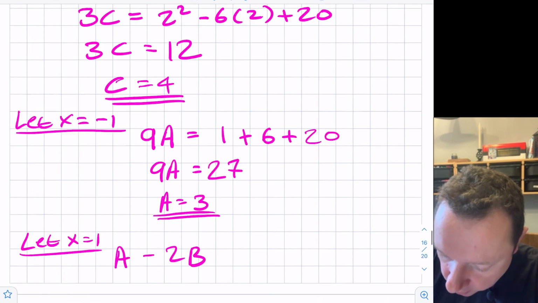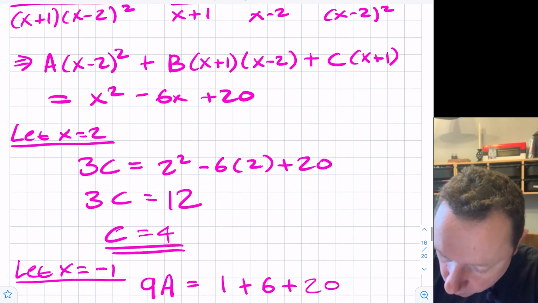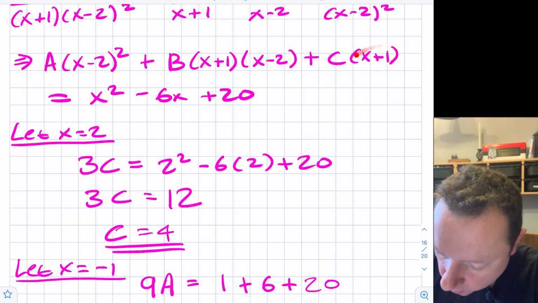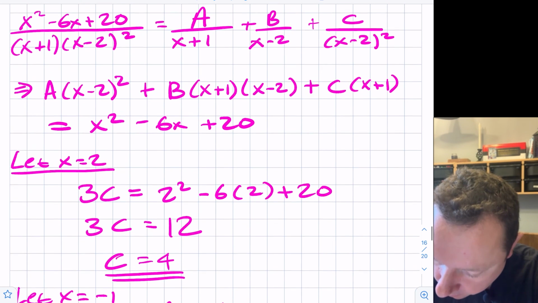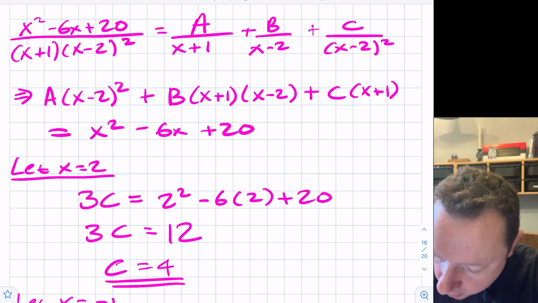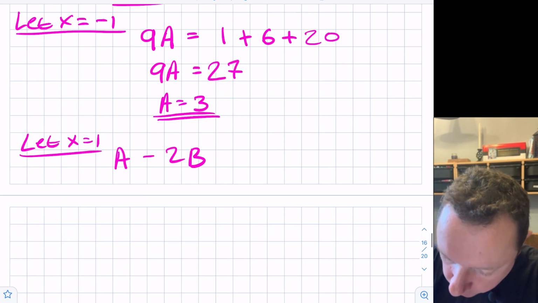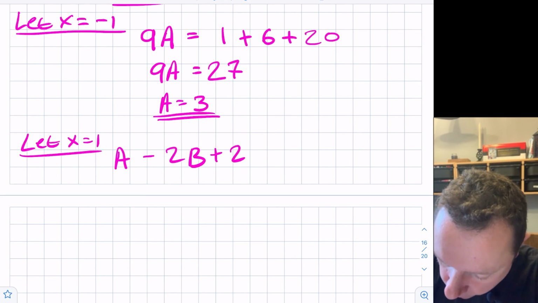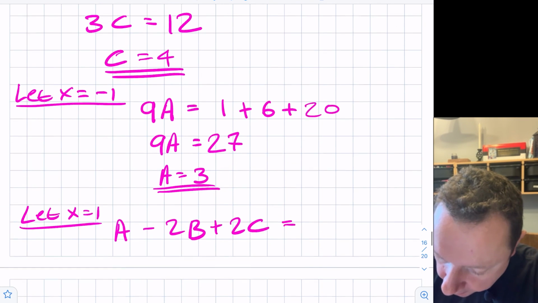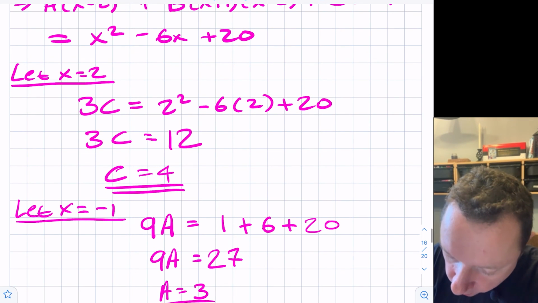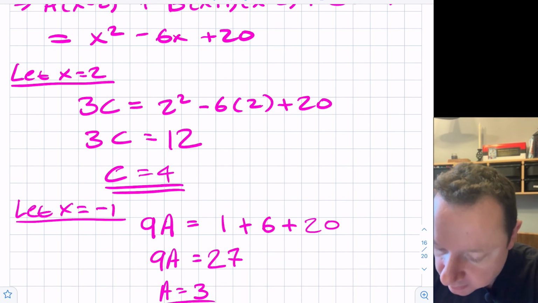And then for our last one, we've got x plus 1. 1 plus 1 is 2. So we'll get 2c equaling the right-hand side. So substituting 1 into this, we get 1 minus 6 is minus 5, plus 20 is 15.